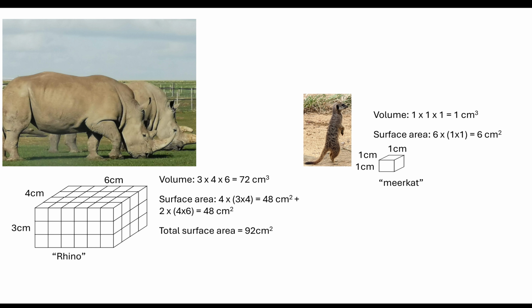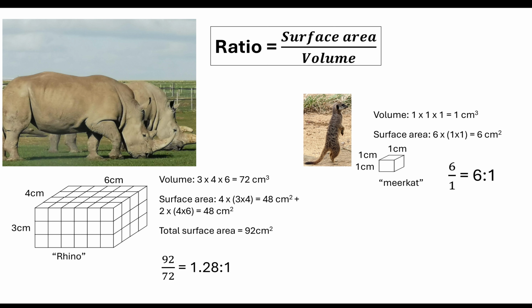So if we take a rhinoceros, and I'm going to use this example for surface area to volume ratio calculations, and we've got a meerkat, a very small organism. If these were just cells on their own, we need to look at that surface area to volume ratio. So we use the equation: the surface area divided by the volume gives us our ratio.